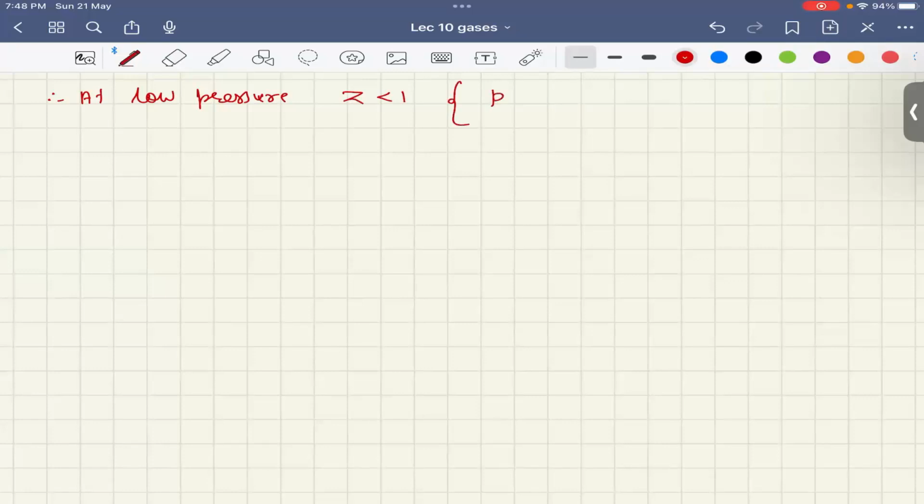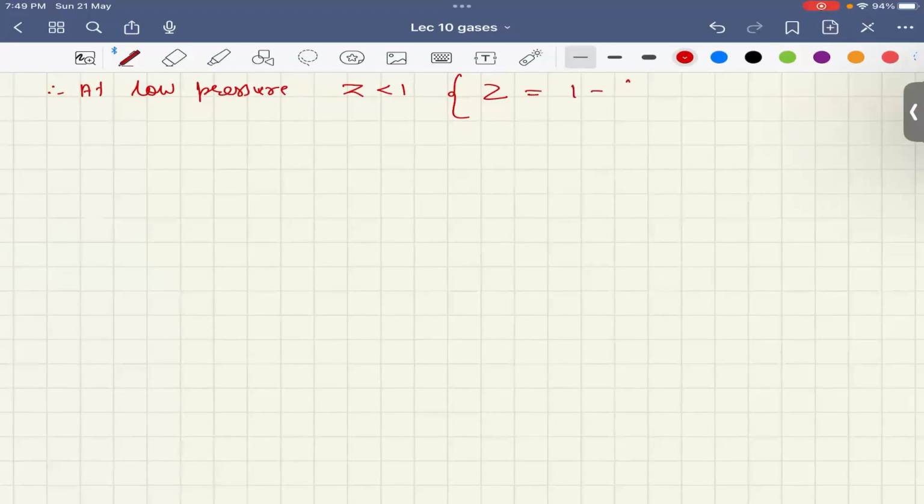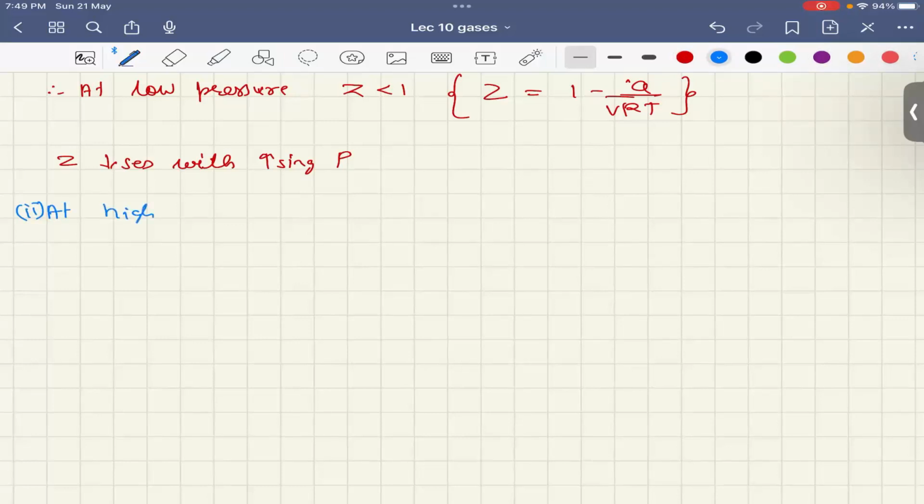You can also say that Z decreases with increasing pressure, right? Now let us understand about high pressure, right?